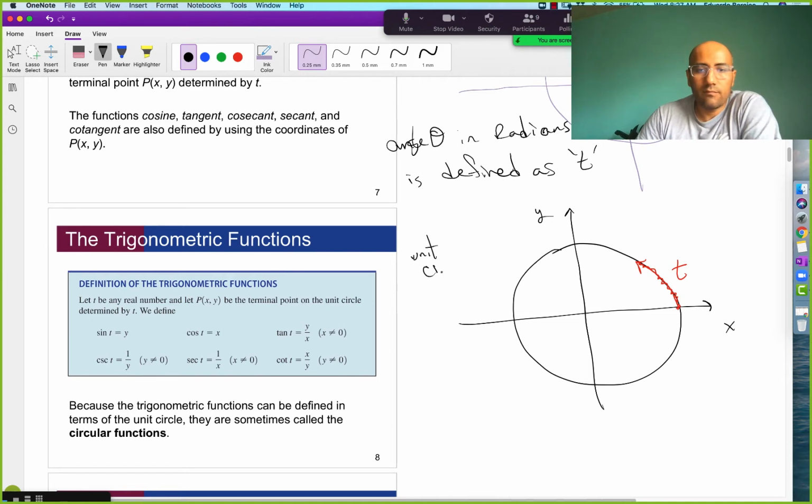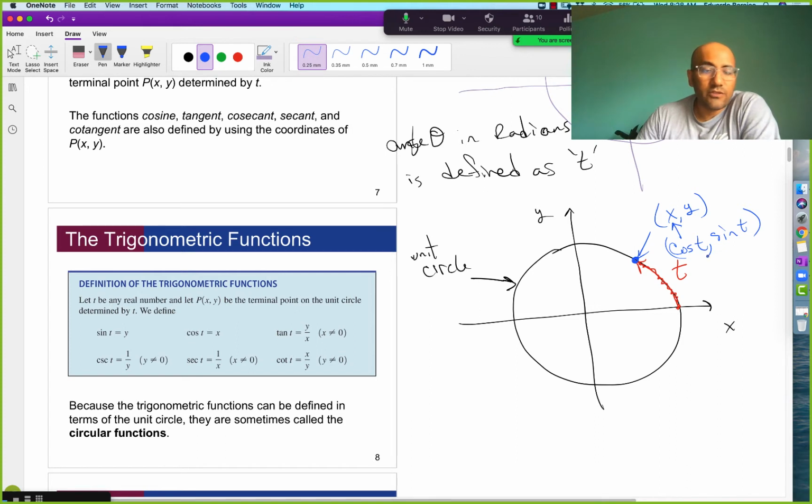So let t be any real number and let P of t, equal to x comma y, be the terminal point. Say this point right there would be the terminal point described by this distance t along the curvature. Then we simply define the x-coordinate of that terminal point to be cosine of t, and the y-coordinate to be sine of t.